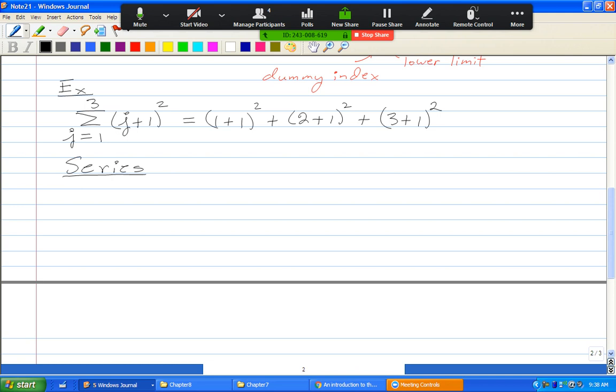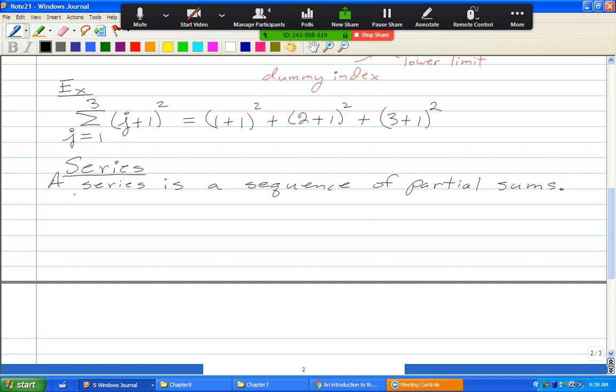It is a sequence of partial sums. Let's say the partial sums.